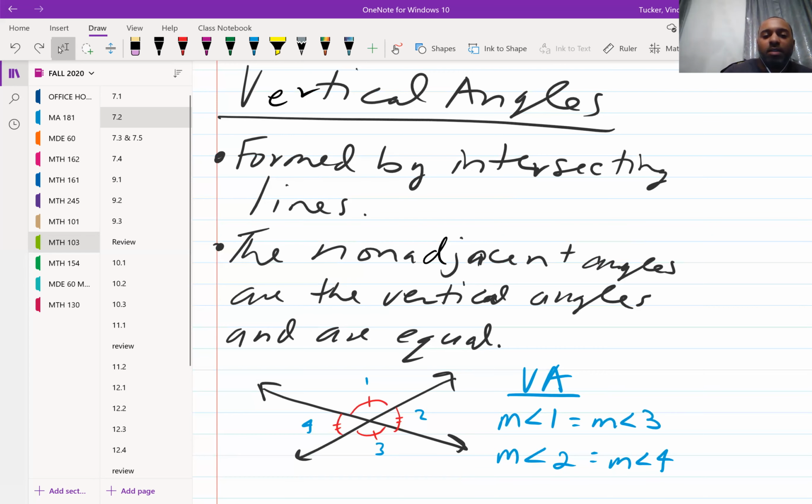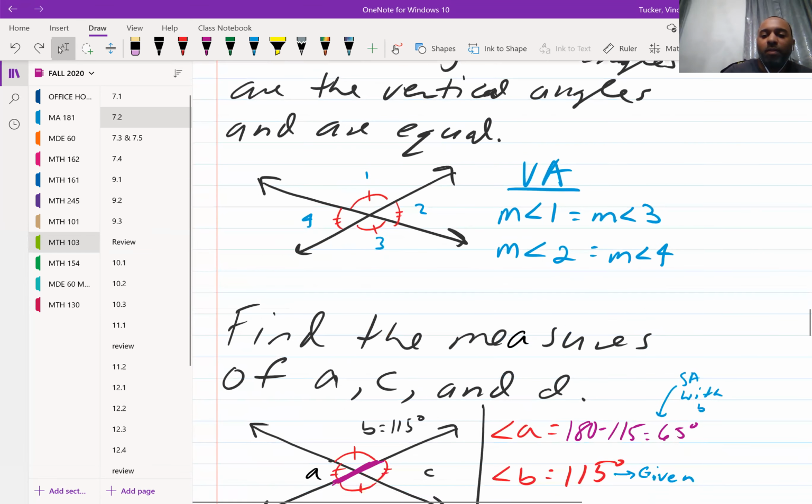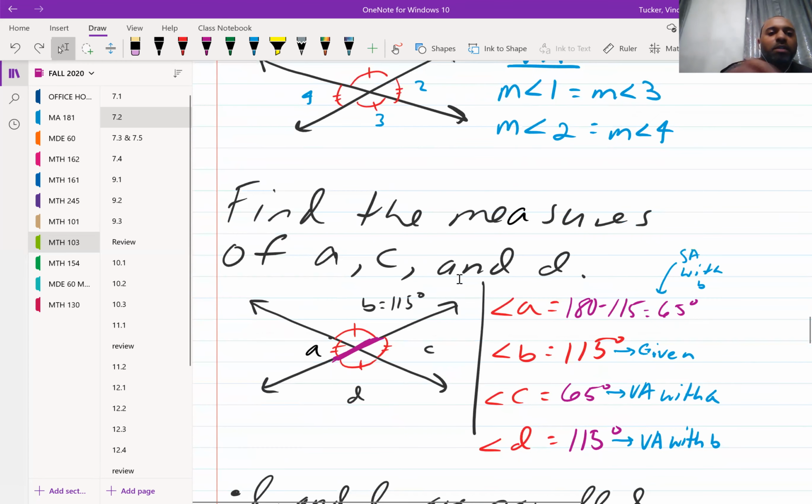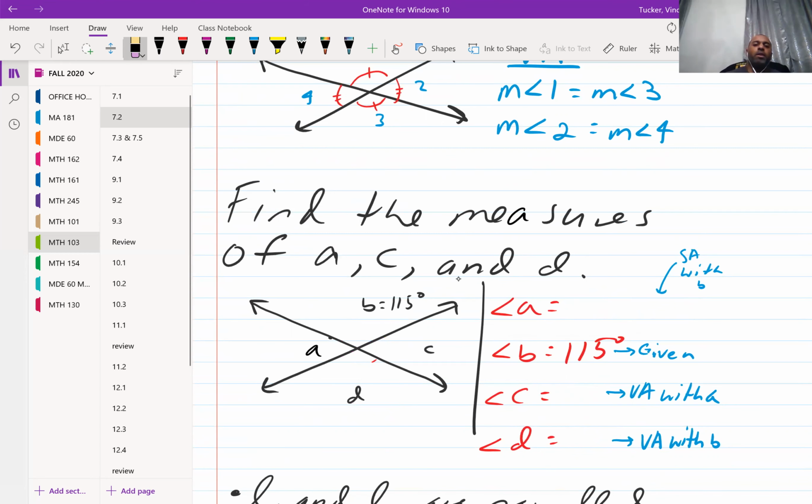All right. Let me erase some of this stuff so we can walk through it. Don't want to put that back. I'll put that back.